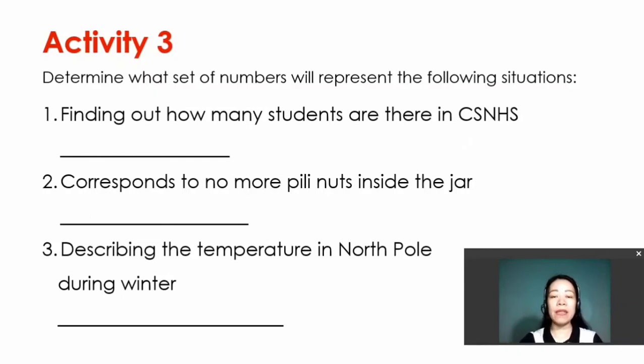Okay, for activity 3, determine what set of numbers will represent the following situations. Number 1, finding out how many students are there in Camarines Sur National High School. So what subset of real numbers?